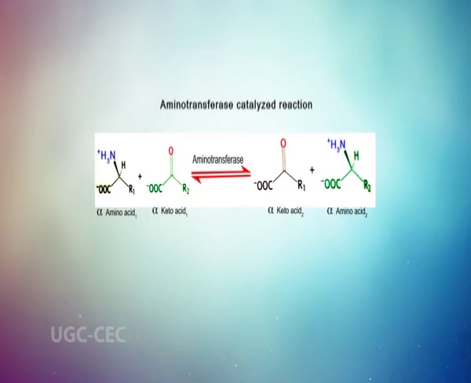In this reaction, aminotransferase catalyzes the transfer of an alpha amino group from one alpha amino acid to an alpha keto acid. This enzyme is also known as transaminase. This enzyme generally funnels alpha amino groups from a variety of amino acids to alpha ketoglutarate.